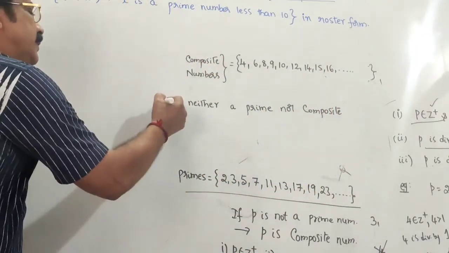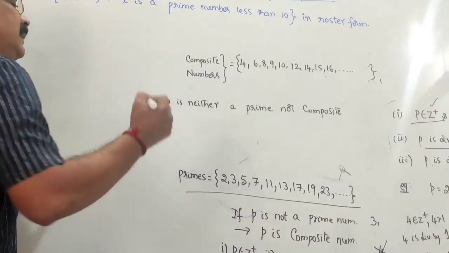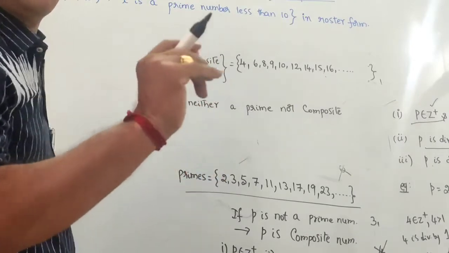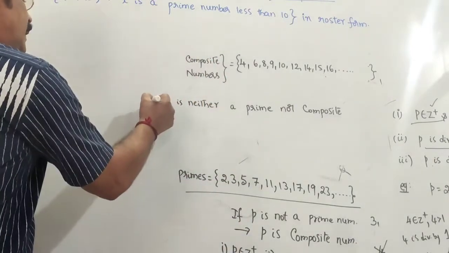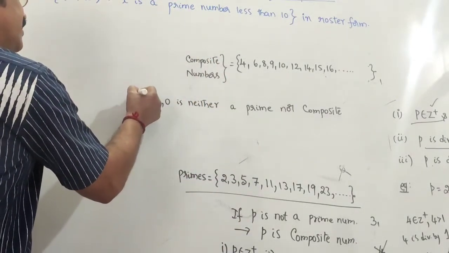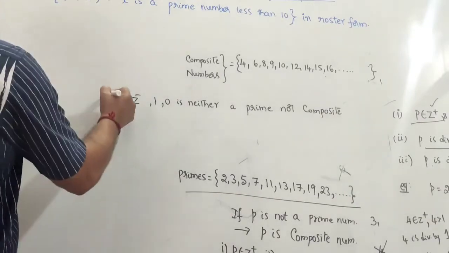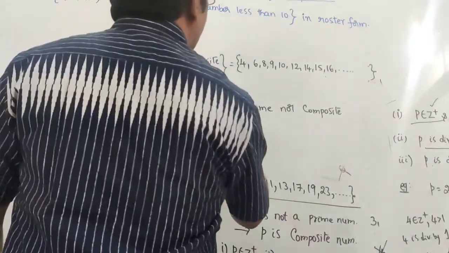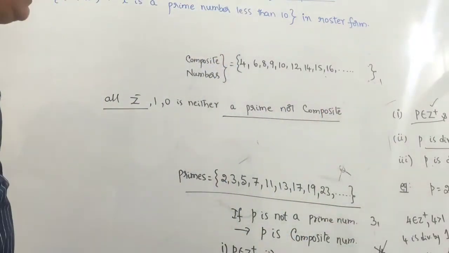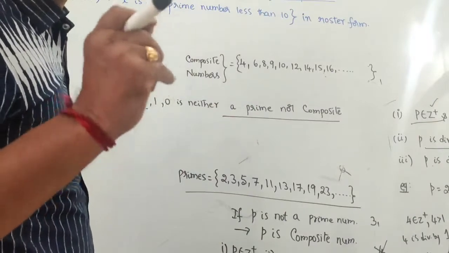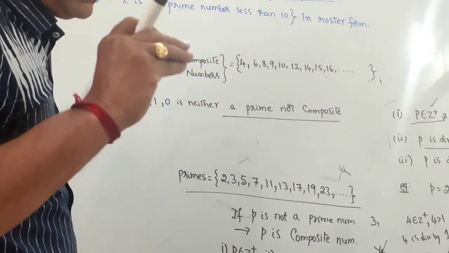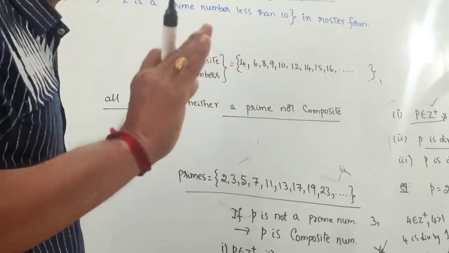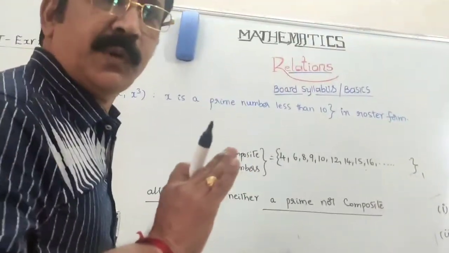Another, 1 is also neither a composite number nor a prime number. Next, all Z minus, all negative integers are neither prime numbers nor composite numbers. It is a small lesson about composite numbers and prime numbers. Okay, there is no other rule to find a prime number or composite number.